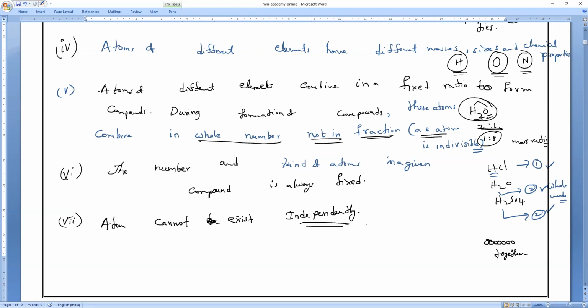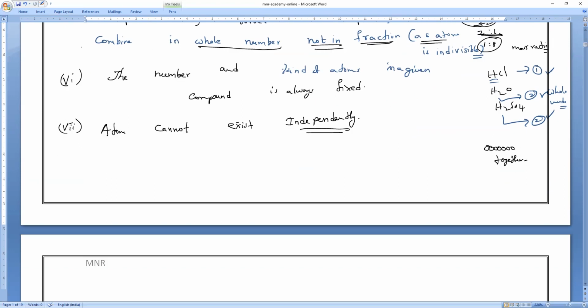They are never alone and cannot be independently available. To be stable in nature, they undergo chemical reactions to attain stability. During this reaction, atoms take part always in whole numbers, not fractions. That is what you have to remember. So these are the main postulates of Dalton's atomic theory.